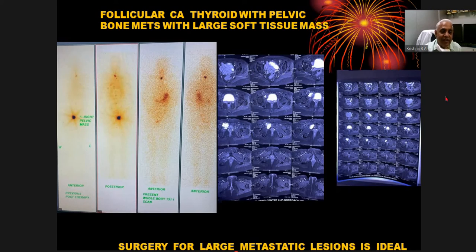Such a thing that is negative on large dose scan, whole body scan, but positive on a post-treatment scan occurs in 10% of the patients. What does it tell us? That this pulmonary metastasis, avidity to radioiodine is less, much less, and probably will not respond in the years to come, and we need some other modality for the lung metastasis.